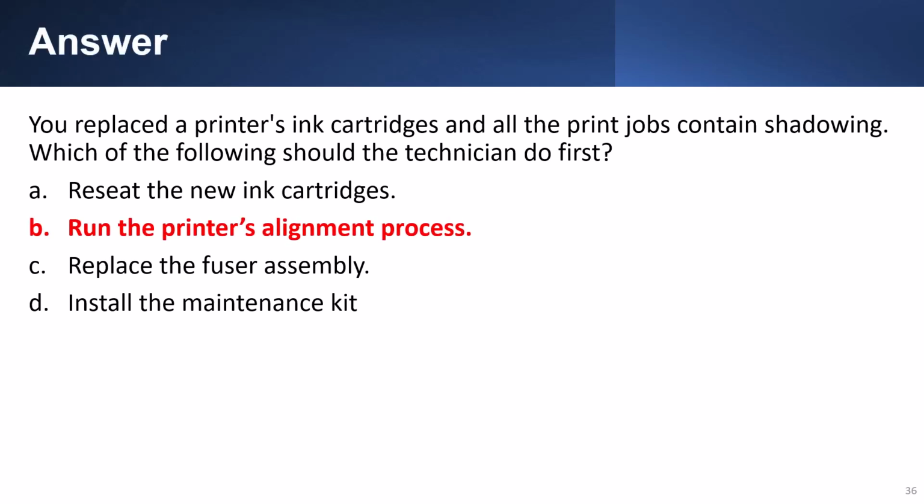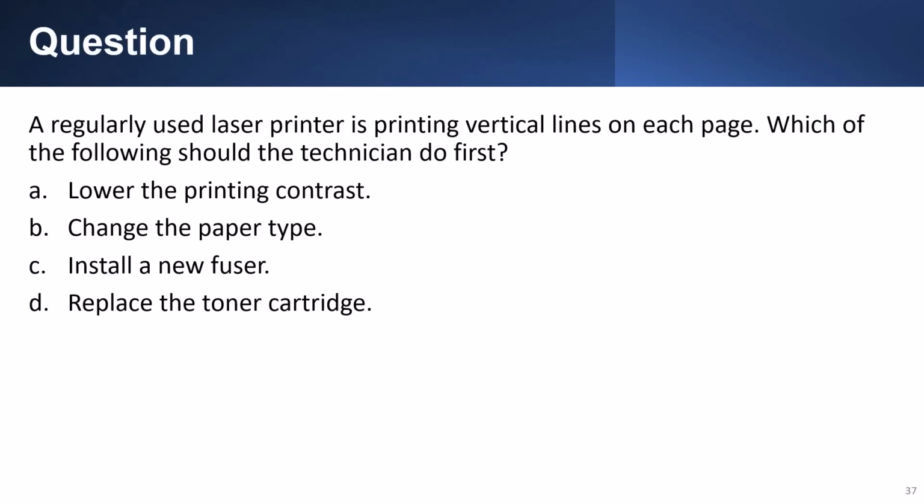Answer: run the printer's alignment process. Question: a regularly used laser printer is printing vertical lines on each page. Which of the following should the technician do first? Answer: replace the toner cartridge.